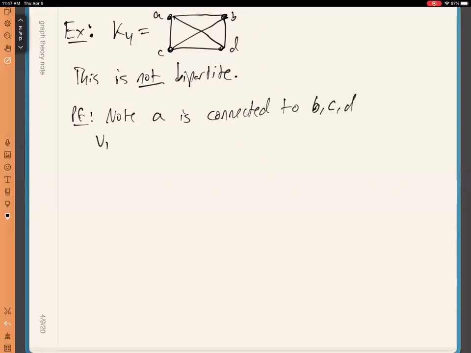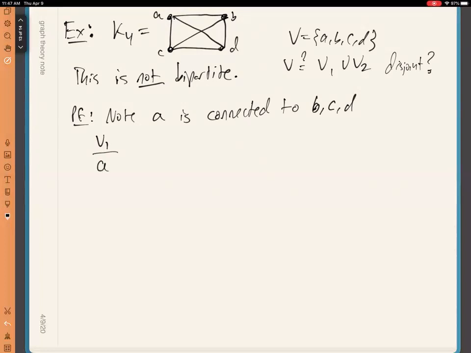So if I try to make a chart, my vertex set is the set A, B, C, and D. If it were bipartite, I should be able to break up V as V1 union V2, where these are disjoint. Well, what is my candidate for V1? Let's say A is in V1.